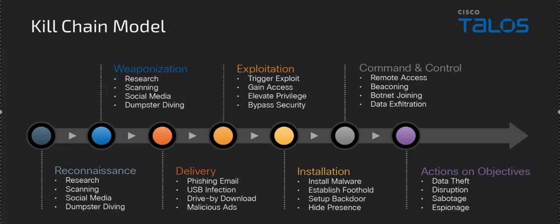So the main key of this stage is not reconnaissance, it's not weaponization, it's not delivery, because it will be done in most of the physical and digital cyber operation.